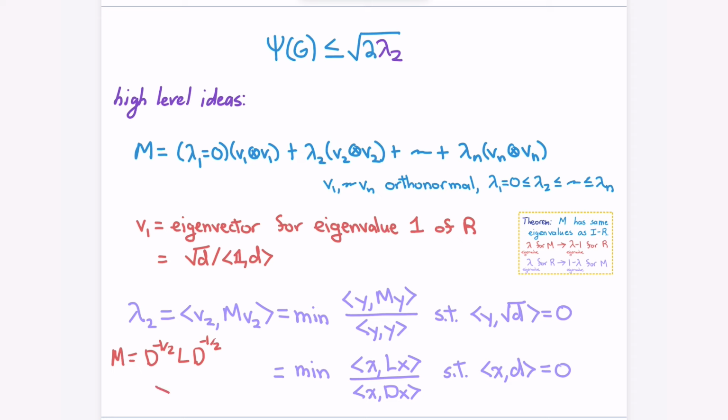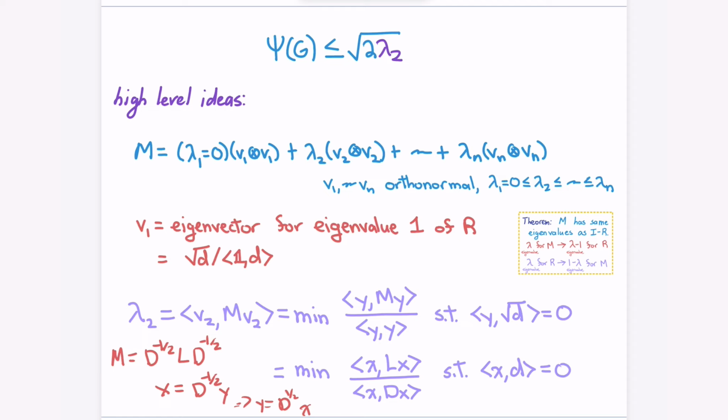If we set X to be D to the minus 1/2 Y, which means that Y is equal to D to the 1/2 X, and start plugging things in, then y M y is really y D to the minus 1/2 L D to the minus 1/2 y. And so that becomes x L x. y y is x D x. And subject to x D 1 equal to 0 is the same as y orthogonal to square root d.